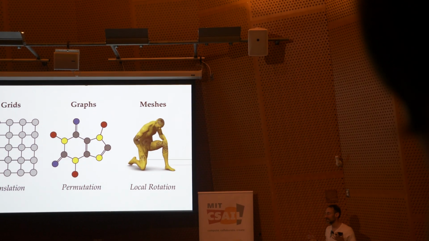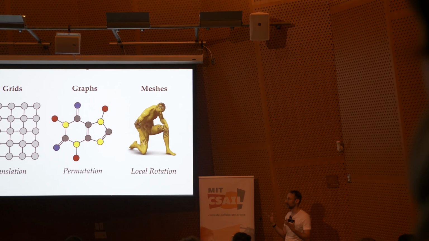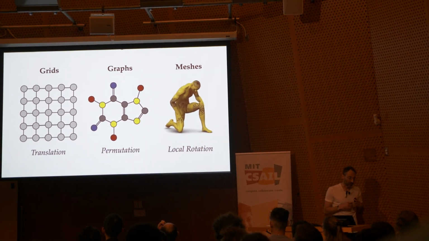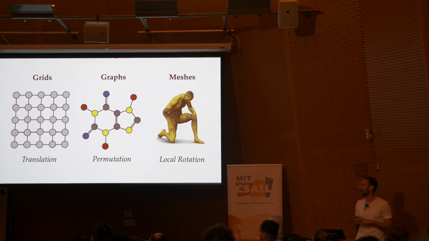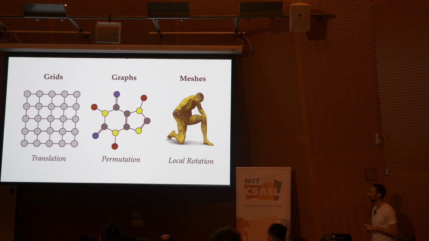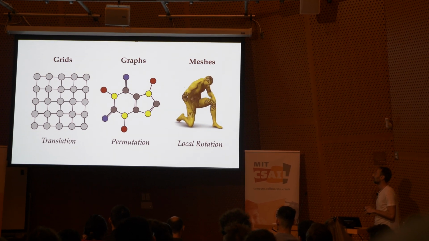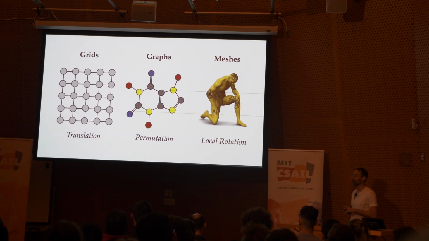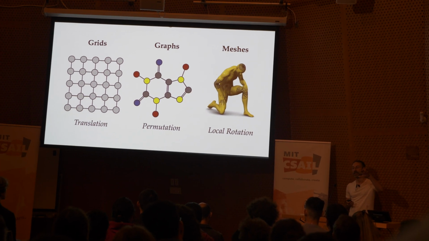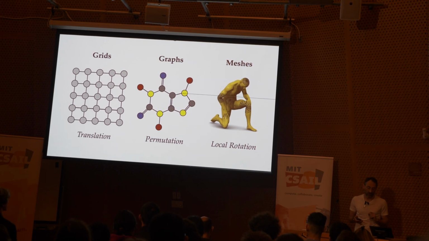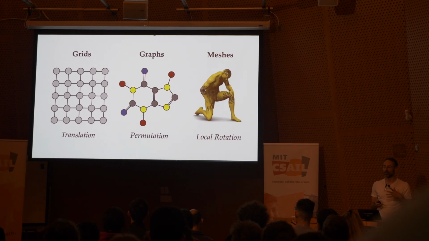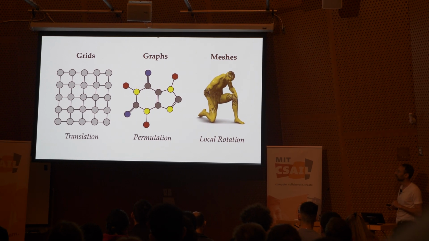We can generalize these ideas to other domains, right? So we've seen convolutional neural networks applied to grids. In case of graph neural networks, we have permutation symmetry in relation to graphs. We can also work on meshes. So in case of meshes, we have a different type of symmetry, which is selection of the local frame, right? So these are discrete manifolds, and there we have what is called gauge symmetry or local rotations.